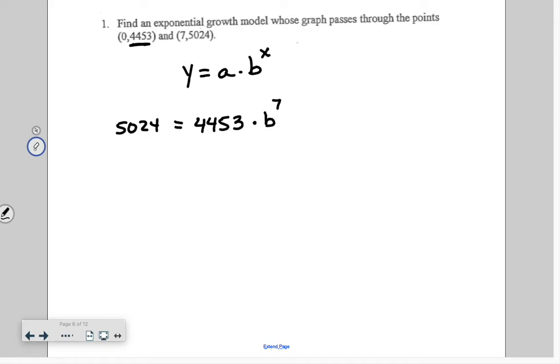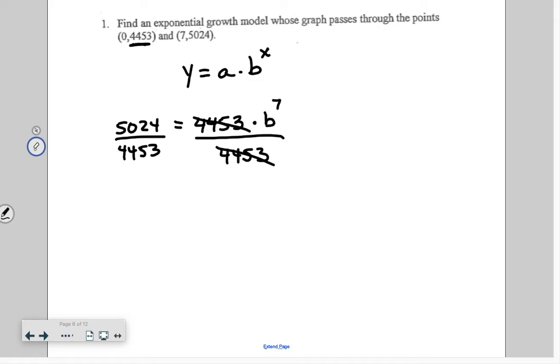All right, 2 steps to solve for b. What's number 1? Divide that 4453 out of there. Yep. Get rid of that. And then, I don't want b to the 7th power, I want b.